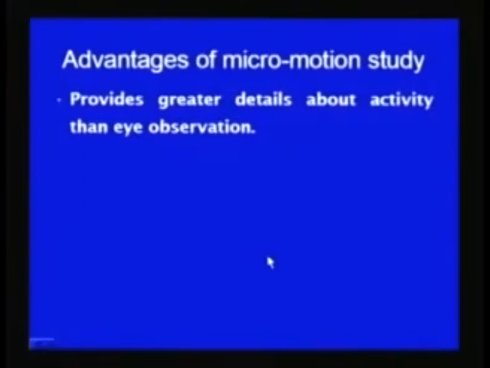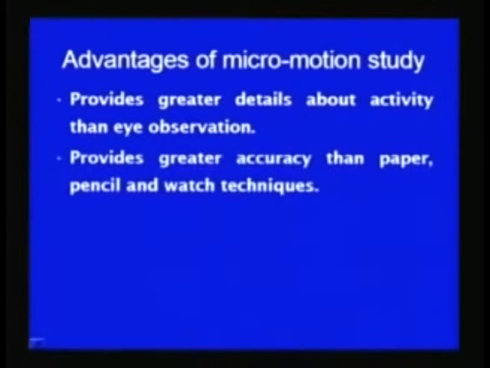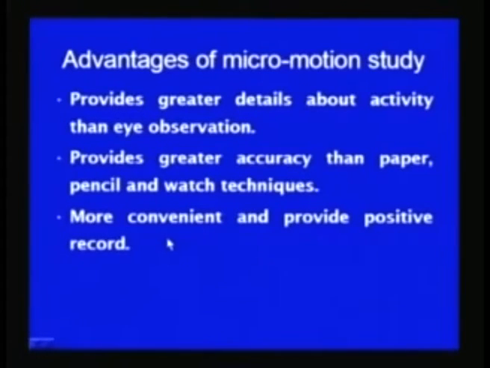The advantage of the micro motion study technique is that it provides detailed information about the job to be carried out as compared to eye observation, and it is more accurate than what can be obtained using pen, pencil and watch techniques, and it is more convenient.